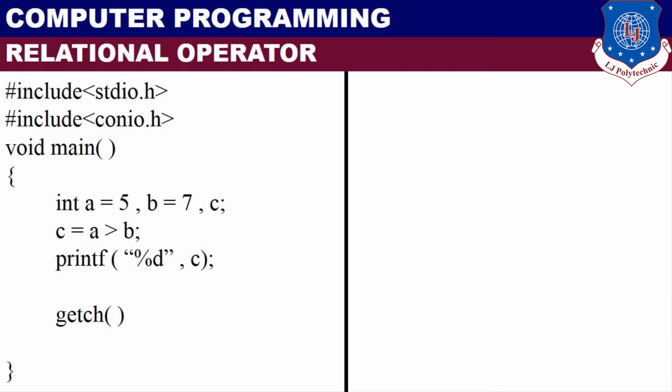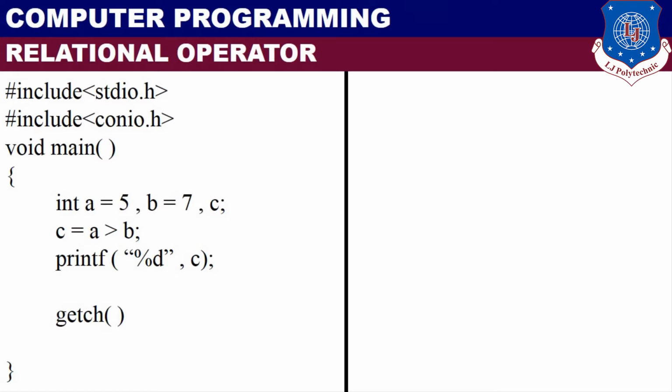Then our main function. Here I took 3 different variables of integer data type. int a equals 5, b equals 7, and c.